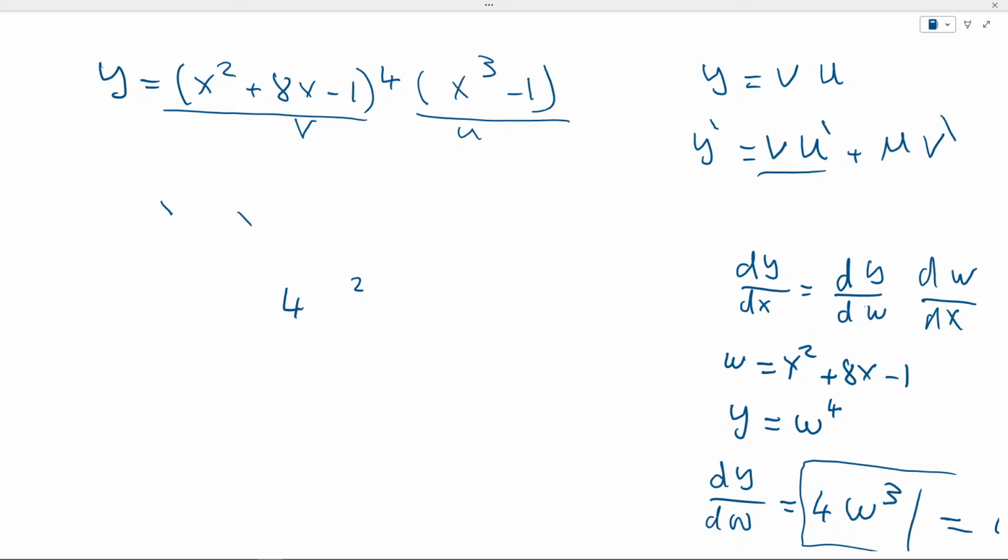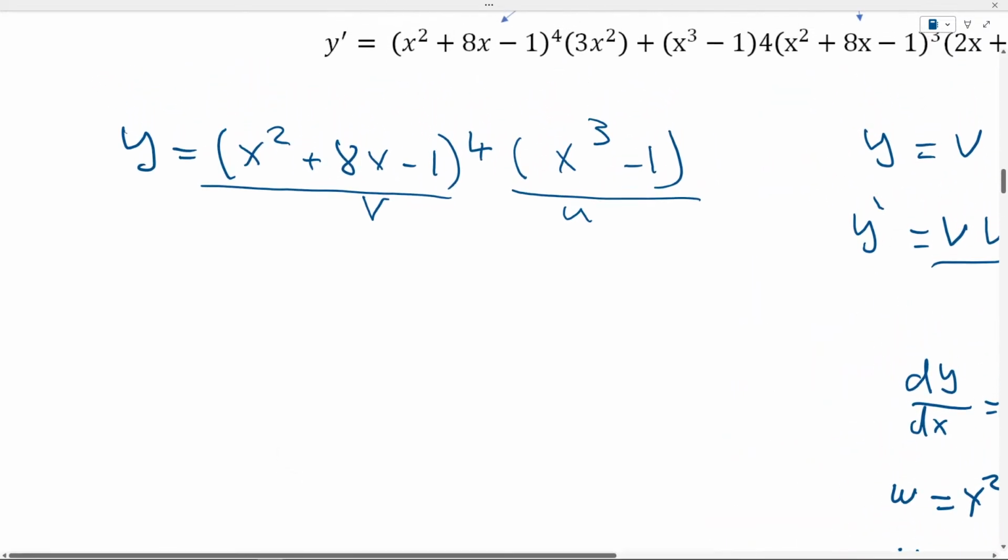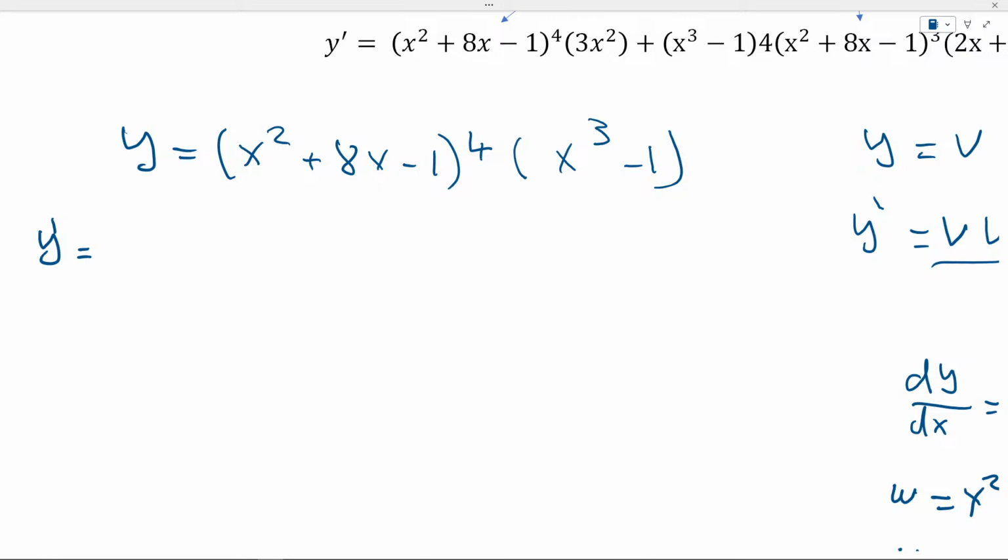So how do we do something like this? You say y prime is equal to my first function times the derivative of the second, plus the second function times the derivative of the first. So that would be 3x squared plus 8x minus 1 to the power of 4 times the derivative of the first, plus this guy, 3x minus 1, times the derivative of this function.